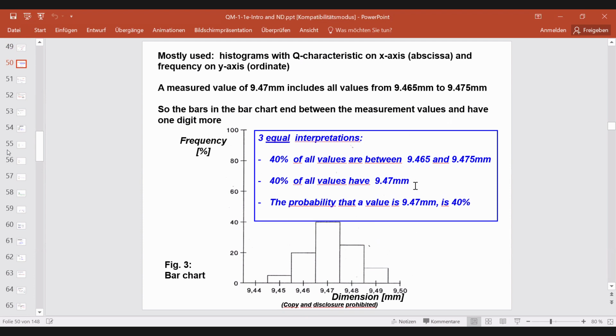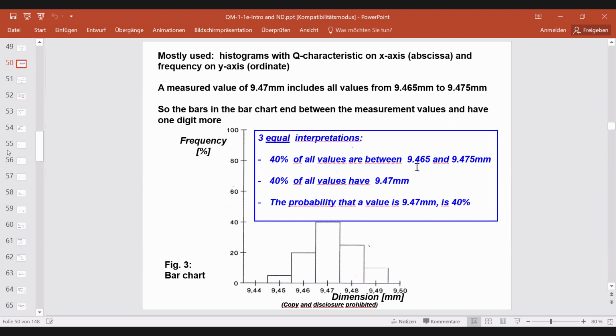The second interpretation is 40% of all the values have the value 9.47. And the third interpretation is the probability that the value is 9.47 is 40%.